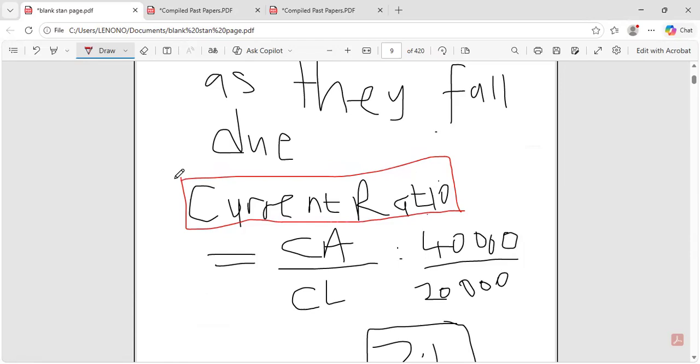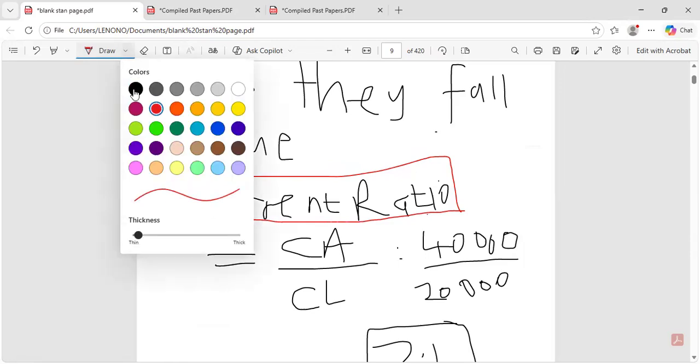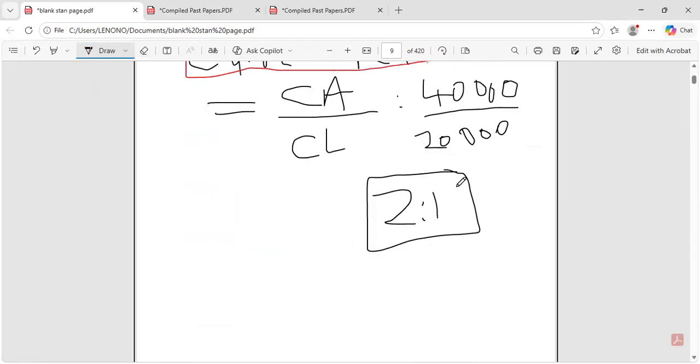You can sort them out. You can pay off your liabilities.